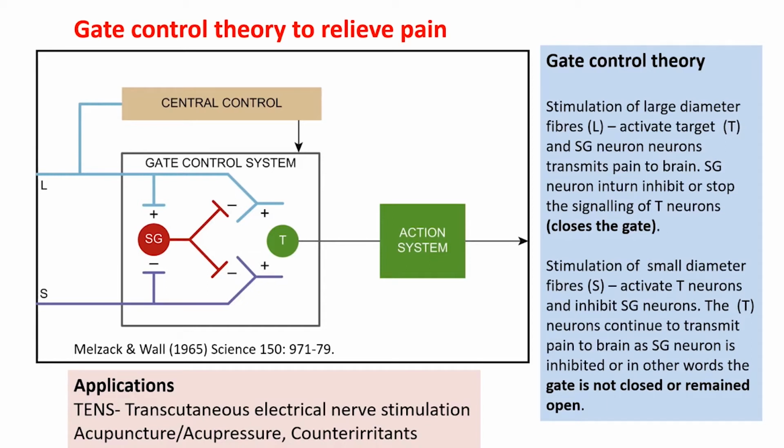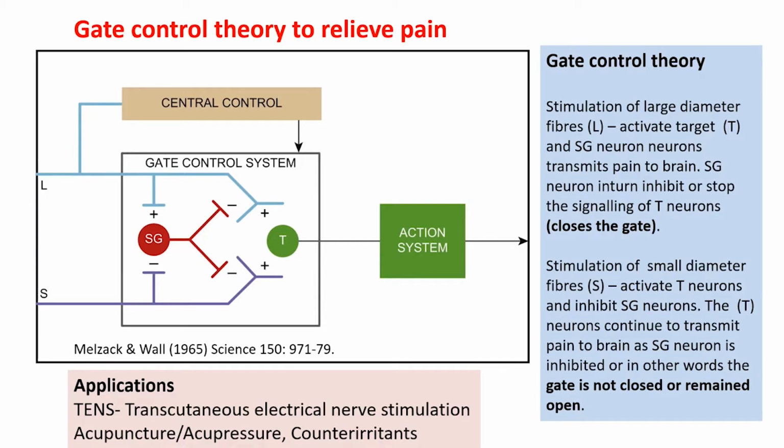Similarly, acupuncture, that needle irritating the large diameter fibers, would again inhibit the transmission of the pain. Counter irritants also work on a similar basis. So this is the basis for gate control.